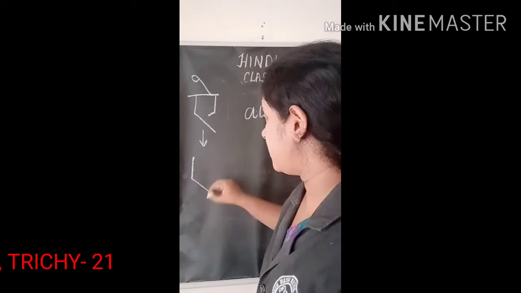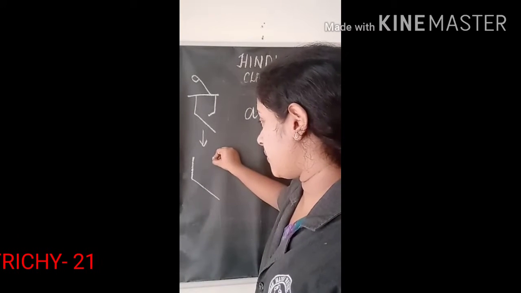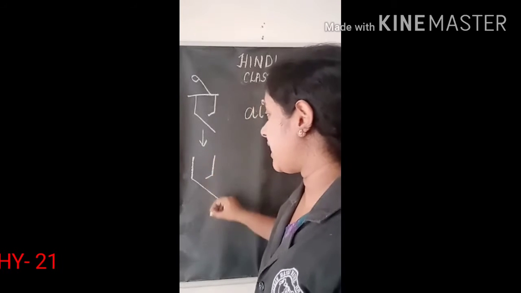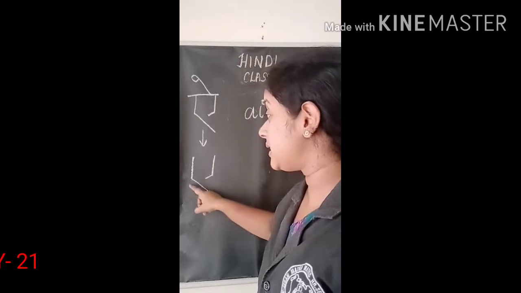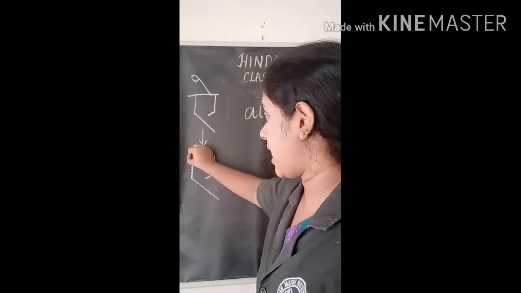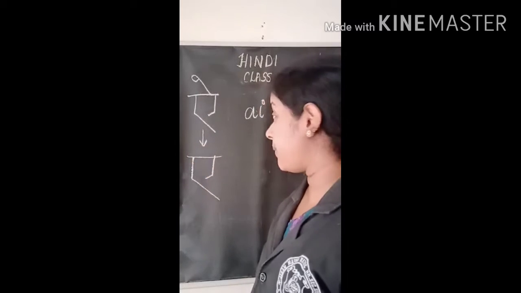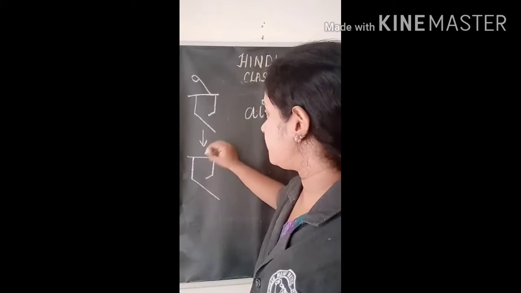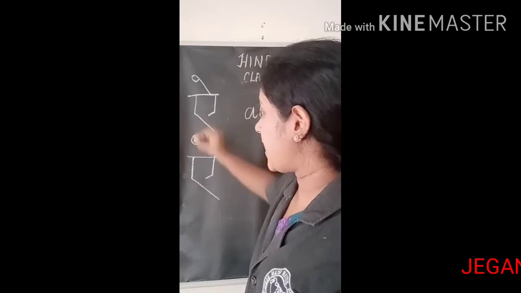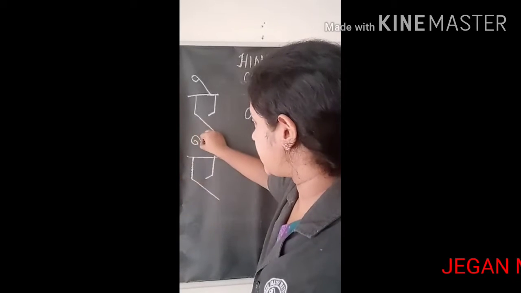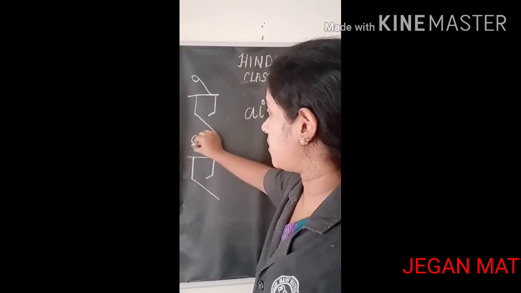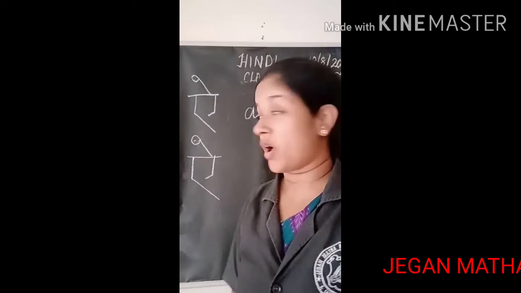Then one small line again, and one more small slanting line which doesn't touch the first slanting line. Then the upper line, that is the sleeping line, is made. Then the symbol: one round will come like this and go straight, touching the sleeping line. So this is the swar I.